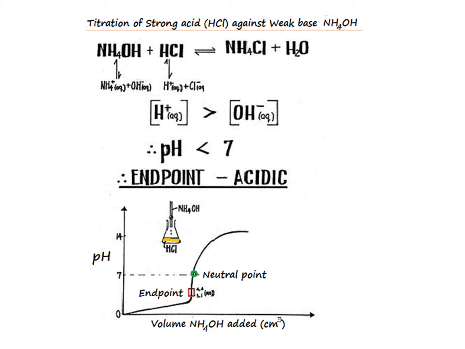In this case, because it's a strong acid and a weak base, your endpoint will be reached somewhere in the acidic range. So in this case, somewhere between 4 and 5. Make sure you understand this and you can draw similar graphs.